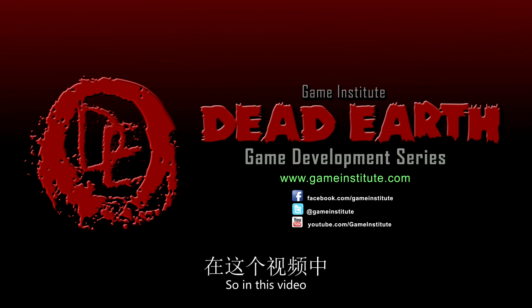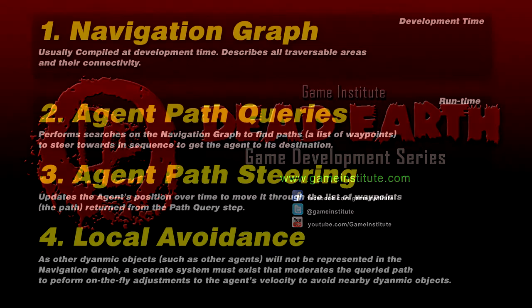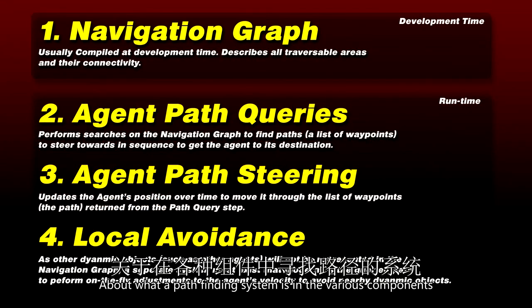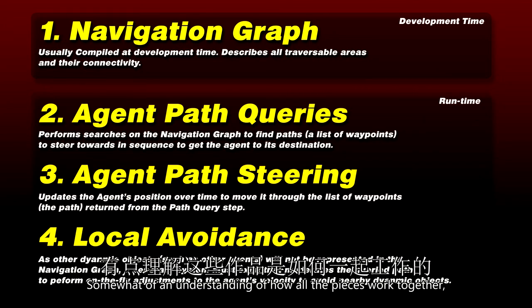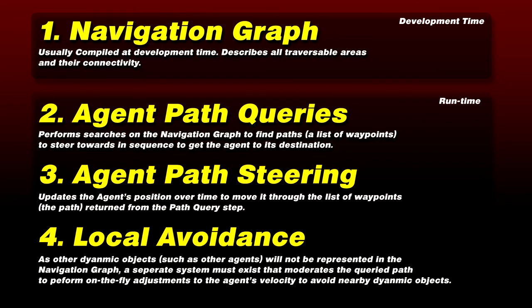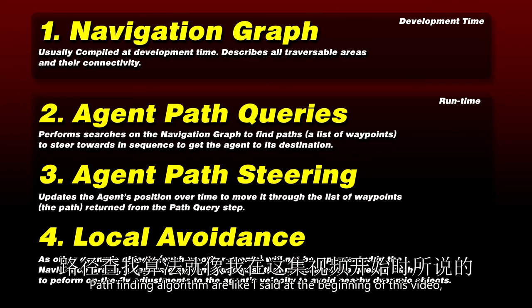So in this video, we've taken a look from a high level at what a pathfinding system is and the various components it involves, and have somewhat of an understanding of how all the pieces work together. In the next video, I'm going to concentrate on really drilling down on the A-star pathfinding algorithm.